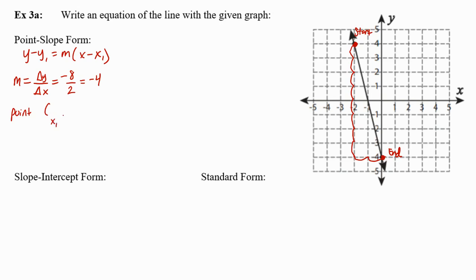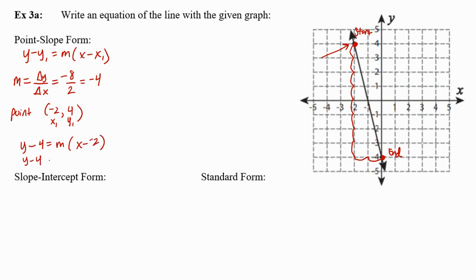I also need a point that I can use as x1, y1. Either one of these 2 points would be good. I'll just go ahead and use that point right there, which would be -2, +4. Okay, so go ahead and plug them into the equation. We have y minus 4 equals m, parentheses x minus the -2 that was already there.